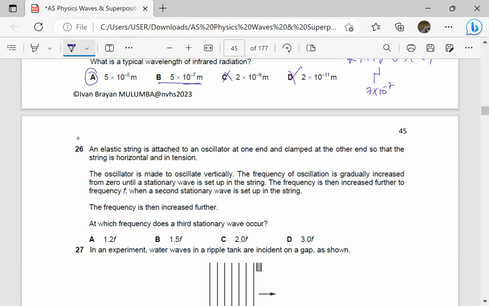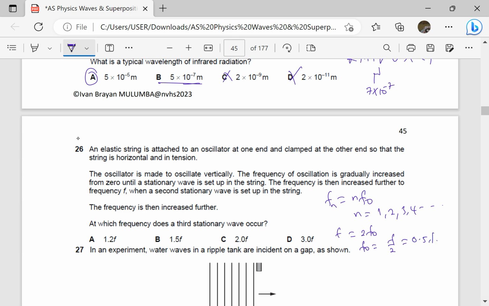It is a string, so frequency is equal to n times f naught, where n is going to be 1, 2, 3, 4. All harmonics are present. They have said the second, when n is 2, so f is equal to twice f naught, which means f naught is equal to f divided by 2, which is going to be 0.5 times f.